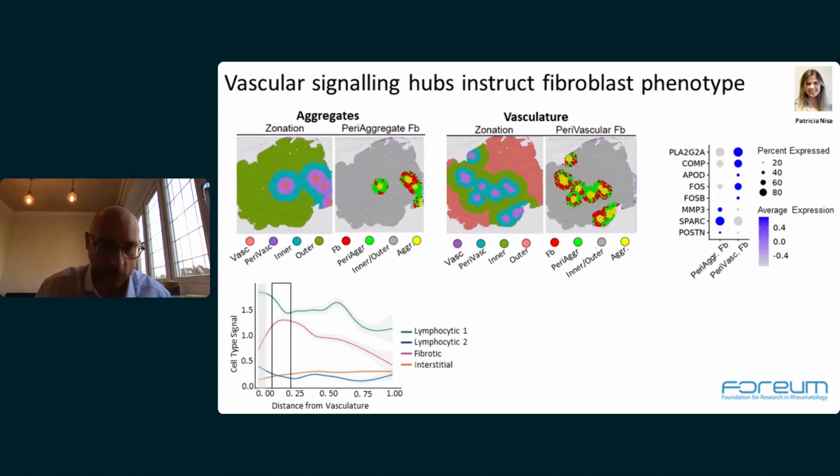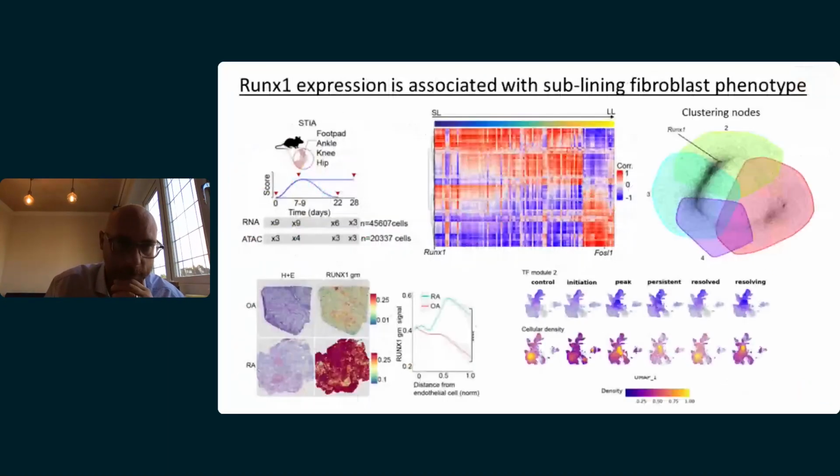It appears that that's driven by these fibrotic myofibroblast-like fibroblasts sat around the blood vessels, which tend to work to shut down these vascular hubs. So we were interested in how we could interfere with this molecular mechanism?